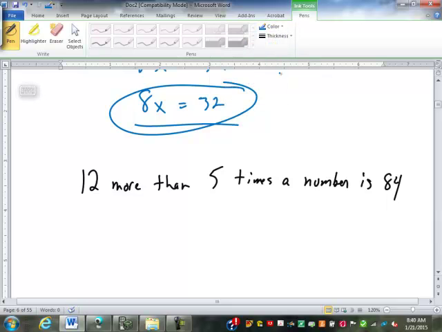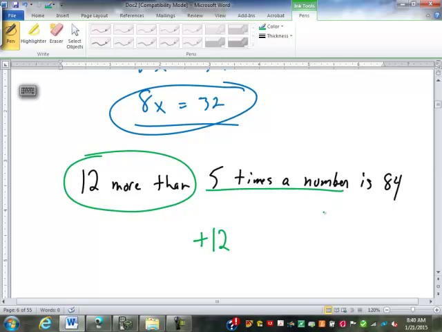So looking at this, again, we're going to go piece by piece. 12 more than means we're adding 12 to something. 5 times the number is 5x, 5n, whatever number we're using. The 12 is being added to that, so the 5x goes before the plus 12. And then we have is 84, which is equals 84.